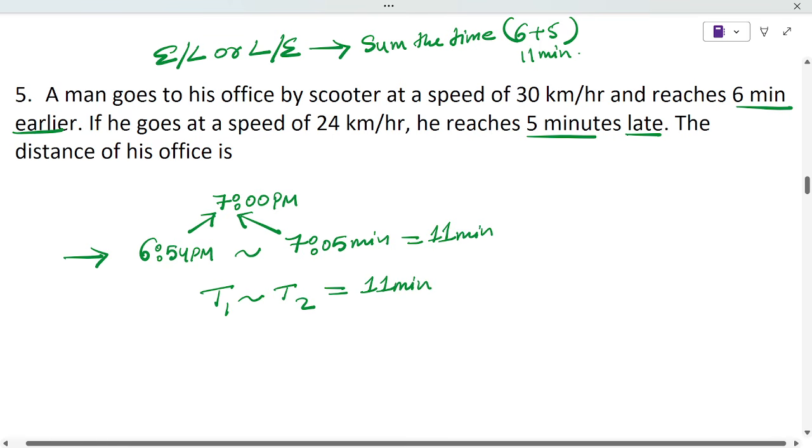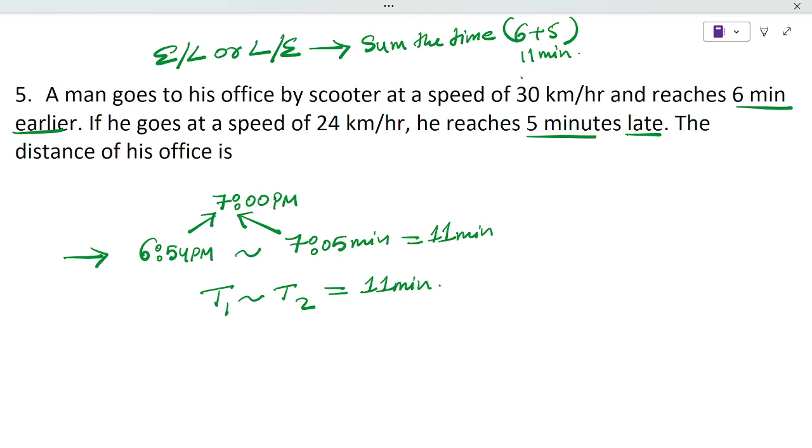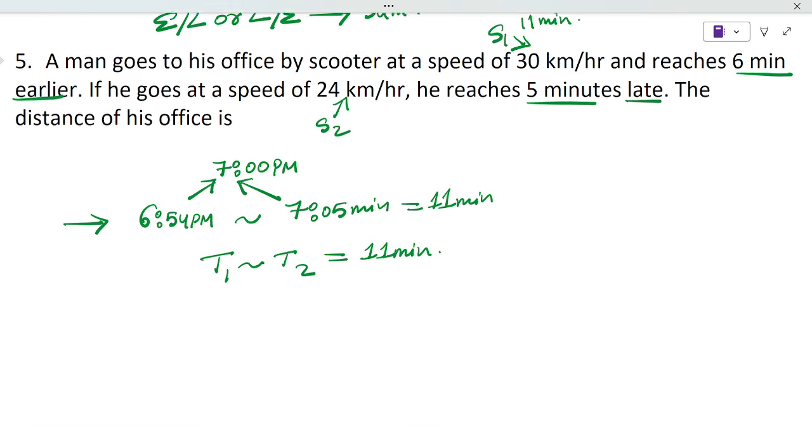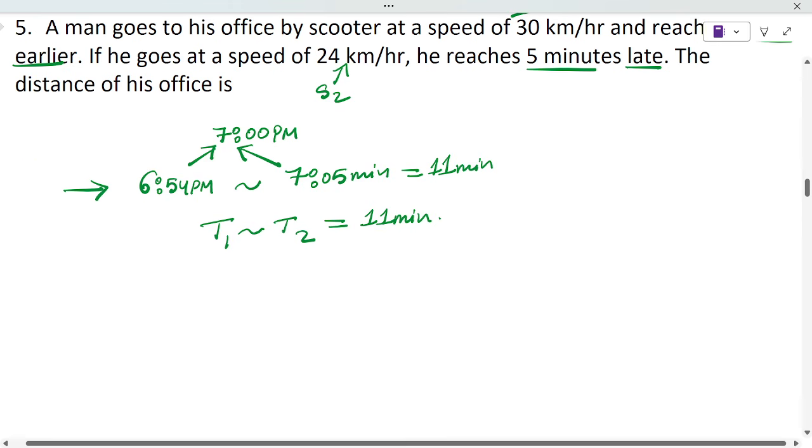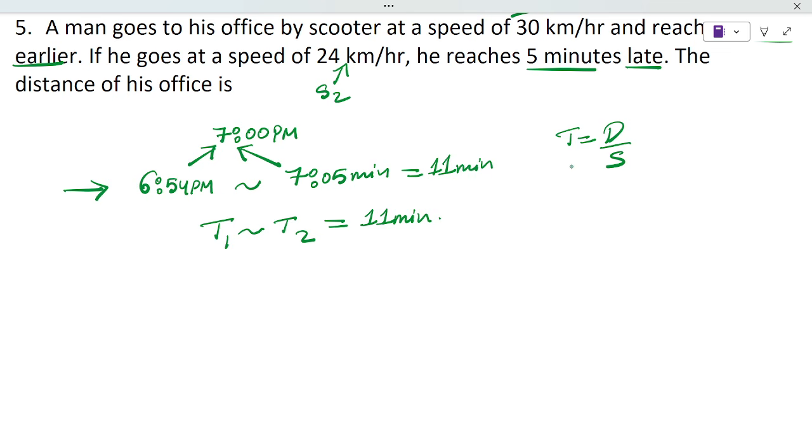The first speed is 30 km per hour, the second speed is 24 km per hour. They are asking us to find the distance, which we don't know. We know the definition of time is distance by speed. Let's say the distance is equal to x.